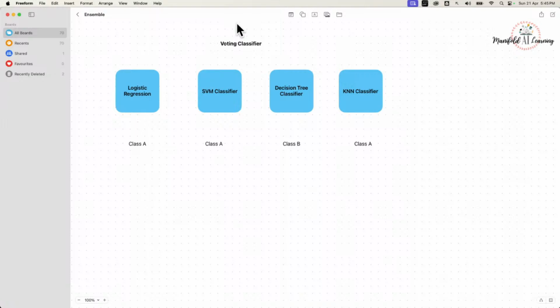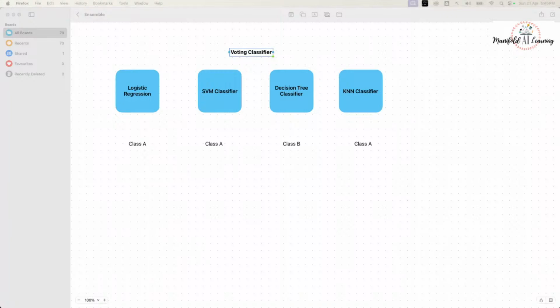This is called the voting classifier, or the voting ensemble method. Like this, we also have other methods such as bagging, random forest, boosting, and stacking as well. We will learn about all of these as we progress in our learning journey, in our next session, guys.